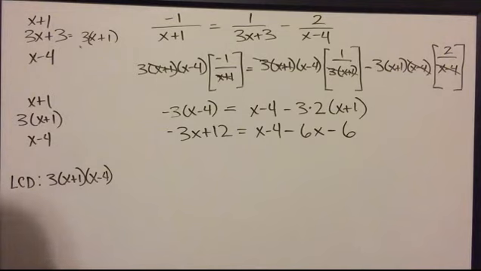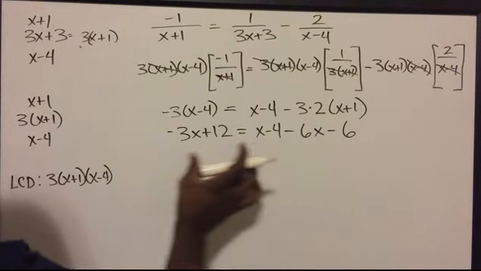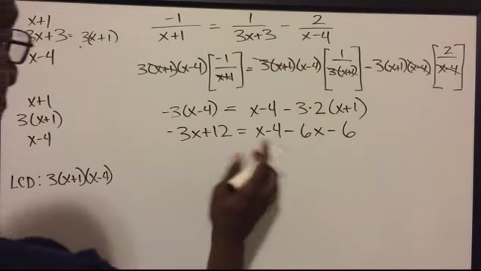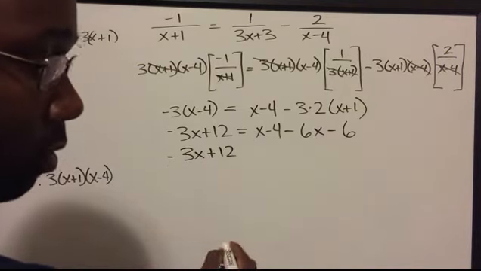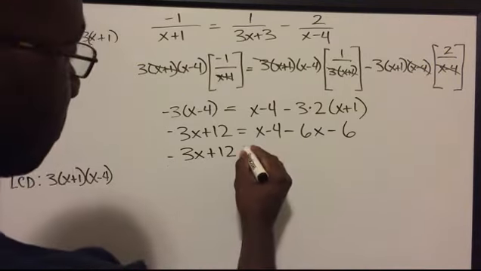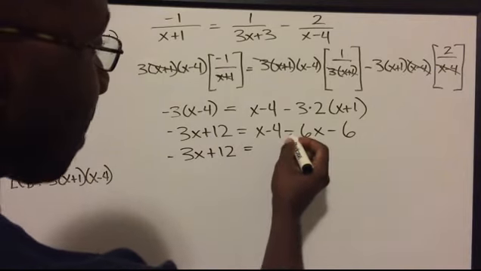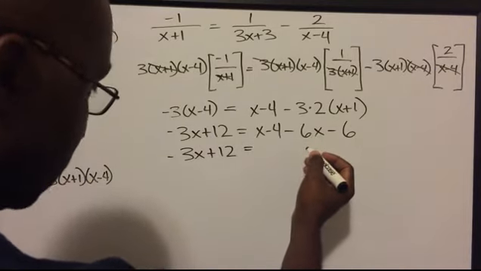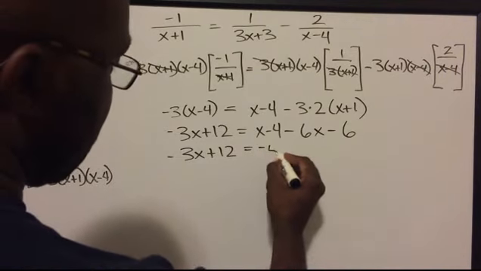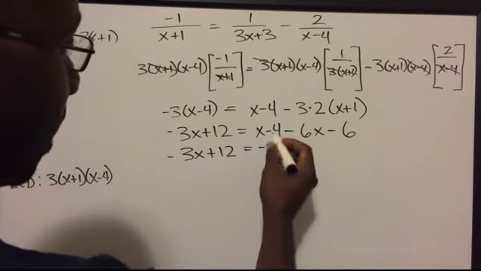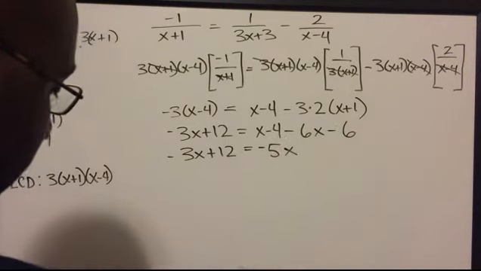Now that we have that, let's add our like terms over here. We don't have any like terms on this side. So let's just bring this down. Minus 3x plus 12. Our like terms will be x minus 6x. That is minus 5x. Now we have minus 4 minus 6.